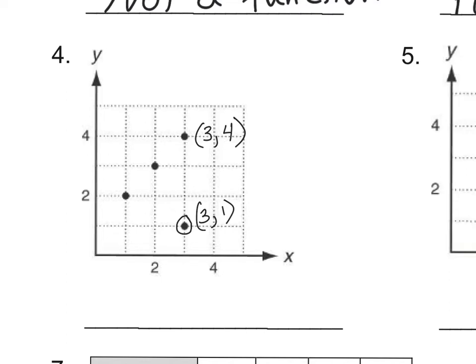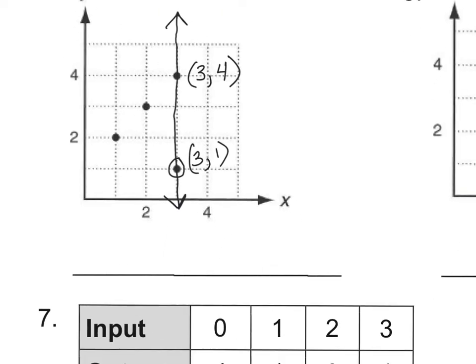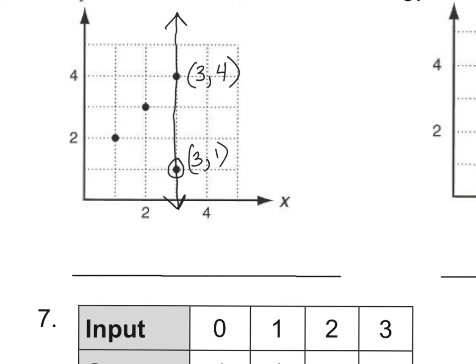Now what we can do with a graph to make it simple on ourselves is draw a vertical line. If that vertical line hits more than one point that is identified in the graph, then it is not a function. So we say that that failed the vertical line test.